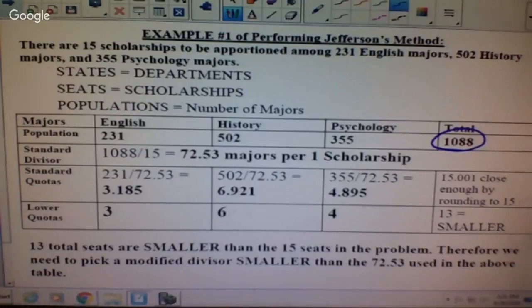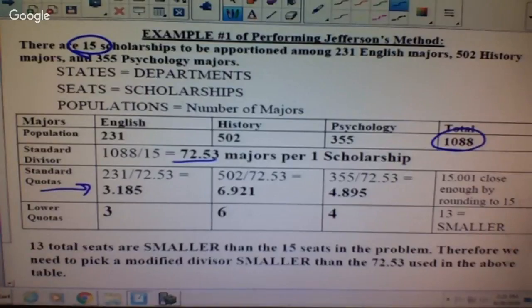1,088 divided by your number of seats, which were your scholarships, gave us a standard divisor of 72.53. That hasn't changed. Then they took your standard divisor and divided each one of your populations to get your standard quotas. That hasn't changed.